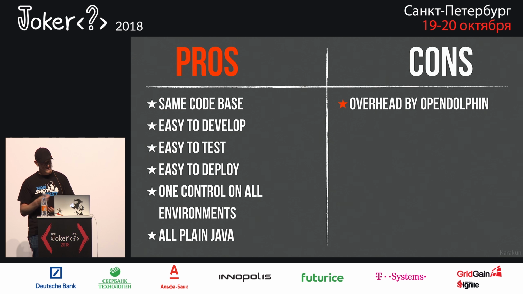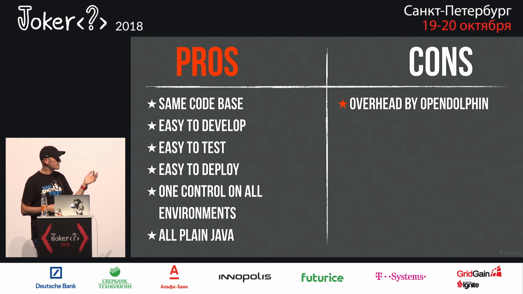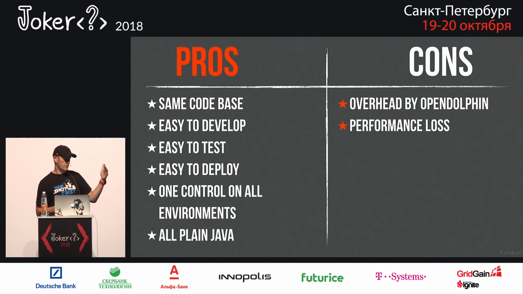On the cons, we had a little bit of an overhead by OpenDolphin, because you can imagine if we exchange the presentation model for each thing you change, you send a lot of data back and forth just to update the UI. And to be honest, it was not really needed here. And that gives you a little bit of a performance loss.